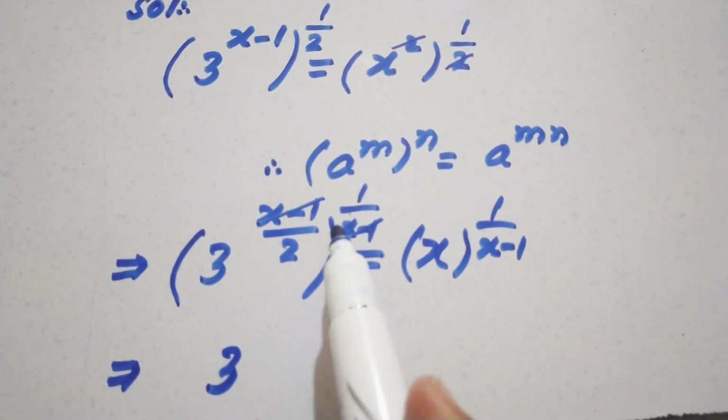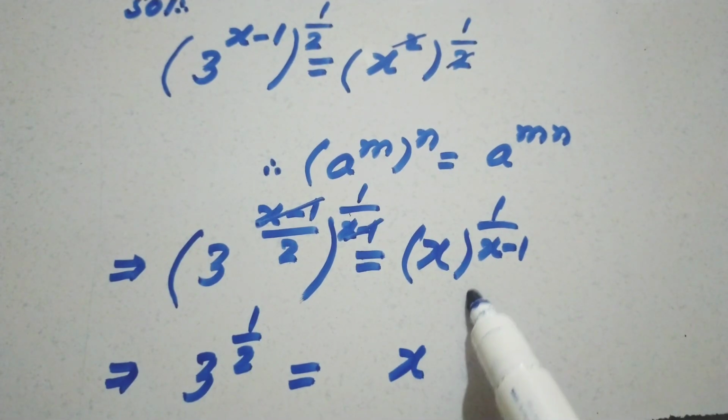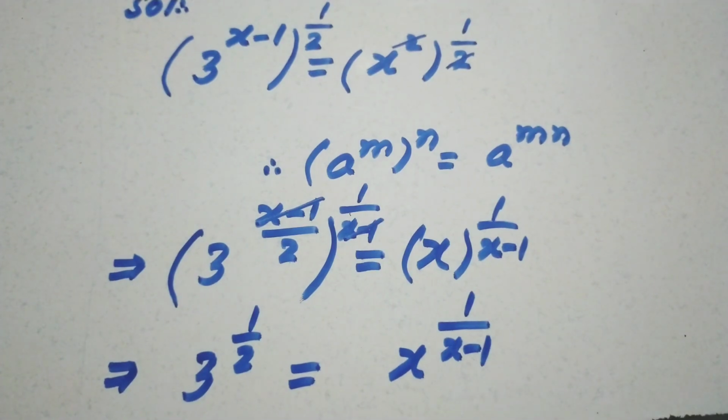We will be left with 3 power 1 by 2 is equal to, the right hand side will become x power 1 by x minus 1.